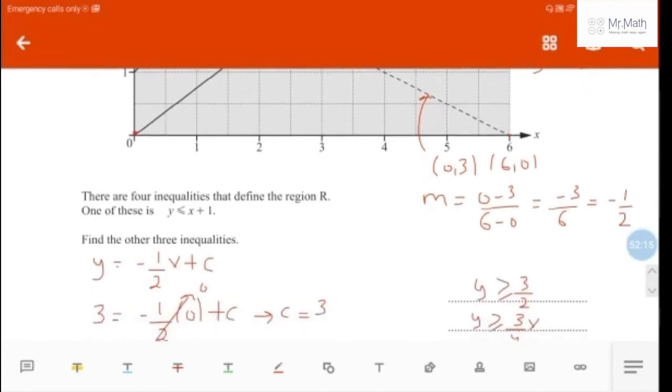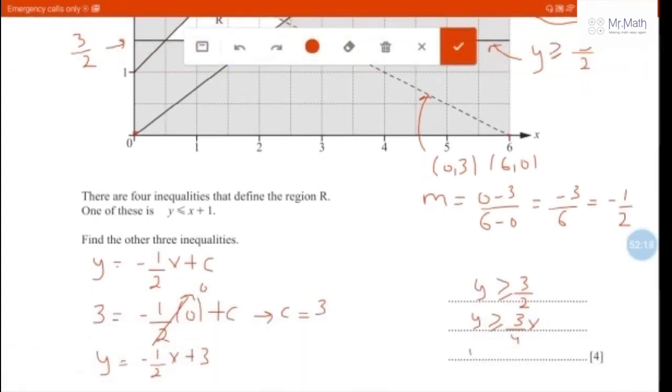So the answer is y less than negative half x plus 3. So whenever the line is a solid line, I include the equal sign, and whenever I have a dashed line, I exclude the equal sign.